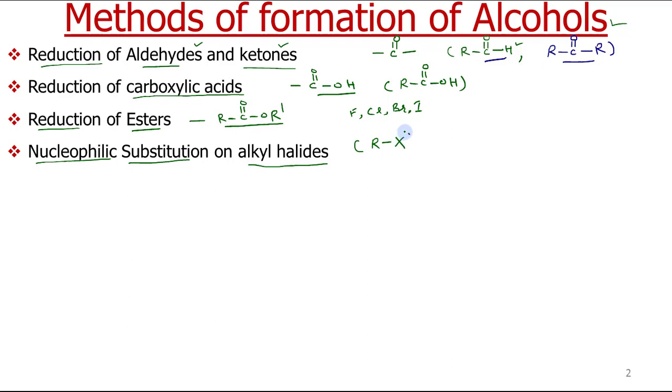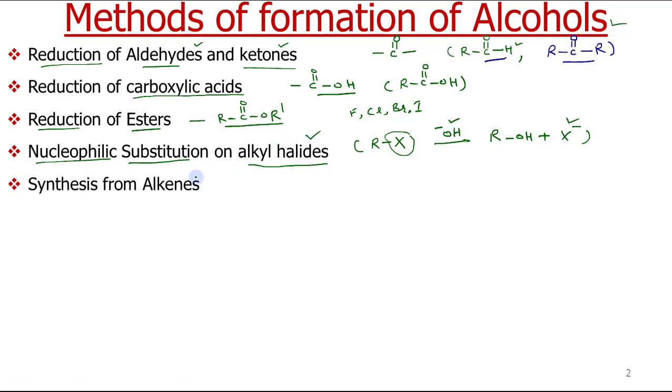Now we can replace the halide group with OH negative. This is a nucleophile, so the reaction will give ROH plus X negative. X negative is also a nucleophile, so this reaction is called nucleophilic substitution reaction. It is a very important reaction, but it is discussed in detail in the alkyl halides chapter, so today we will not discuss it. We will discuss it separately.